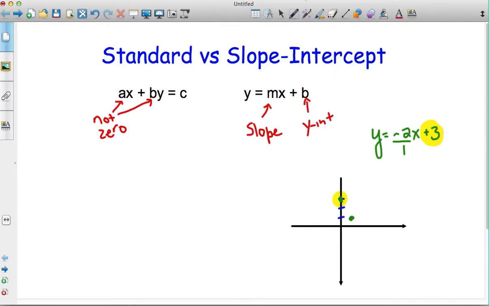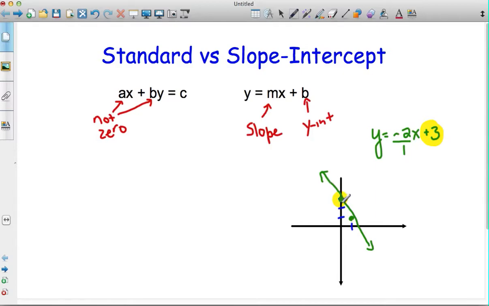If you are doing this on actual graph paper, it's easier to see when we start doing the slope. We started with the y-intercept and went down 2 over 1 because of the slope, and now we have our line. All you need to do is connect your 2 points, hopefully using a straight edge, and there's your first line.